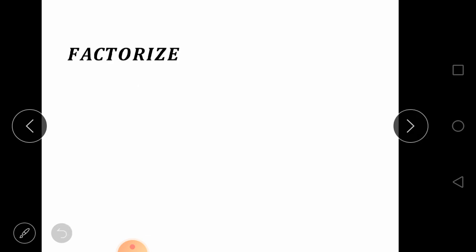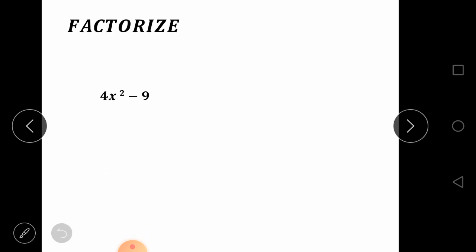Now let's go to the next example, which is 4x squared minus 9. Again, this is what? A difference between two squares. We analyze 4x squared into 2x and 2x, plus and minus. And we analyze 9 into 3 and 3.